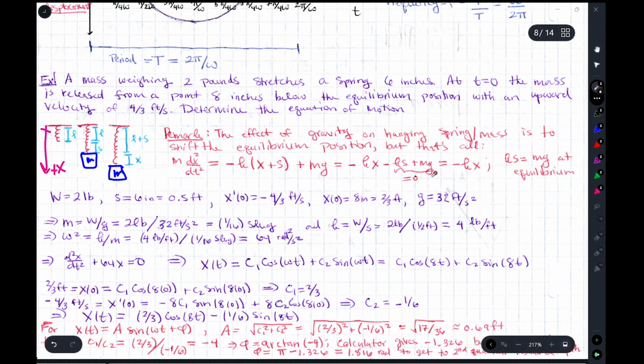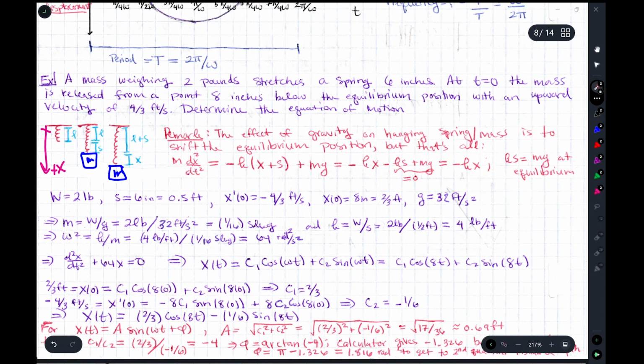Distributing that k, you get negative kx, x again being the length beyond L plus S, and now this is 0. Why is it 0? Well, because at equilibrium, which is what defines S, you have that kS in magnitude is equal to mg. That's how we define S. It's how much the spring is stretched at equilibrium. And so these cancel and you get this differential equation.